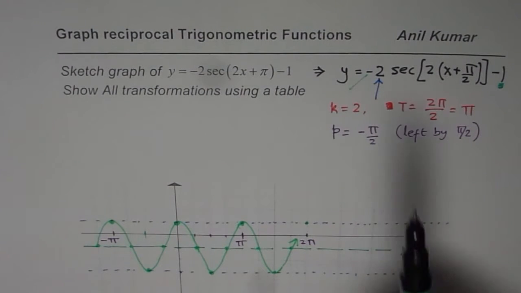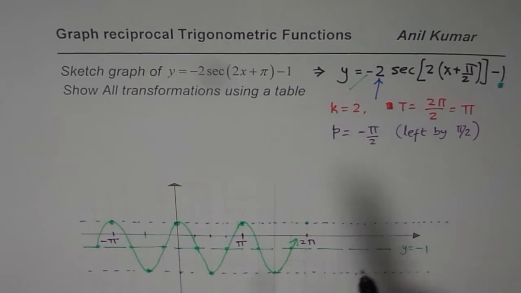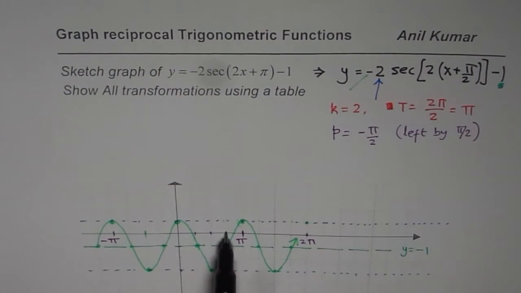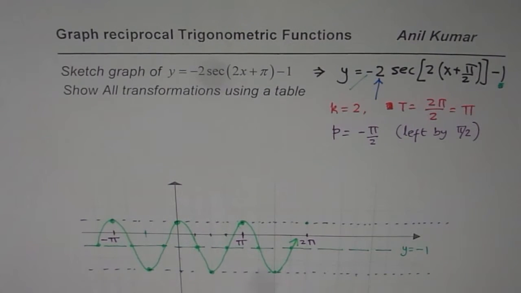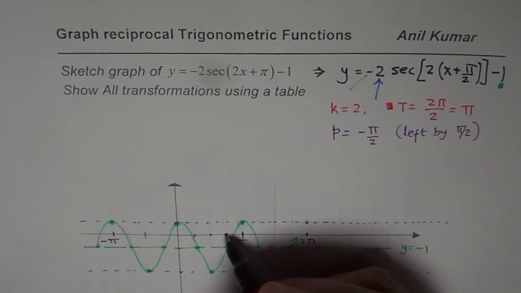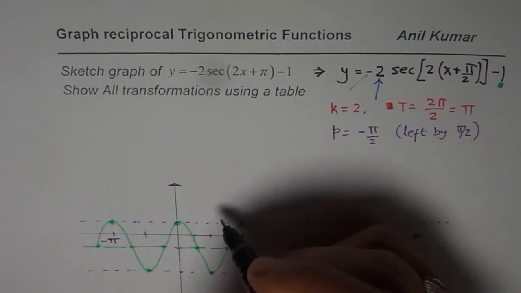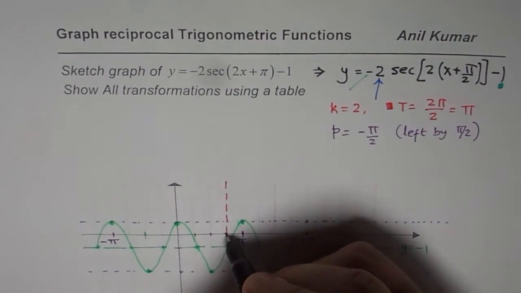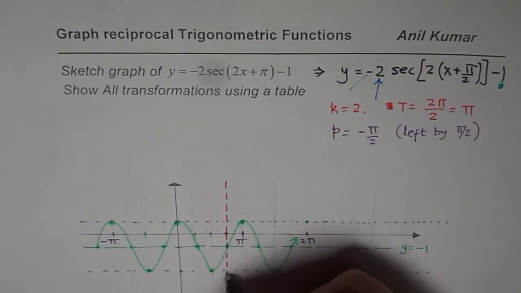Now, since we are actually graphing secant, these points which before translation were on the x-axis, at these points we have the vertical asymptotes, right? So for secant, we'll have vertical asymptotes on zeros of cos before translating down, right? So we will just sketch these zeros as vertical asymptotes on the secant function.